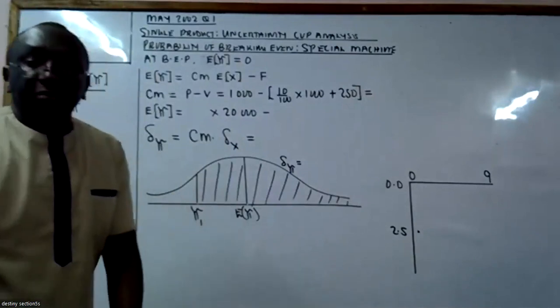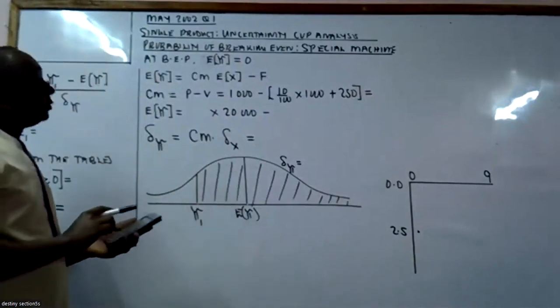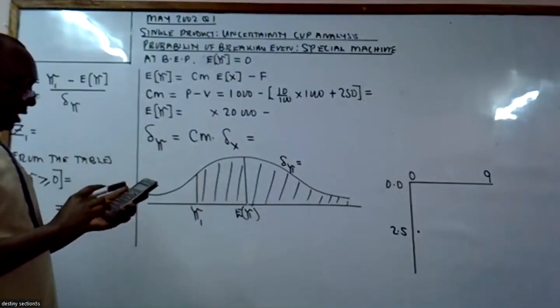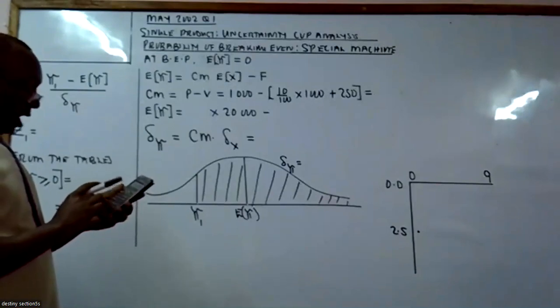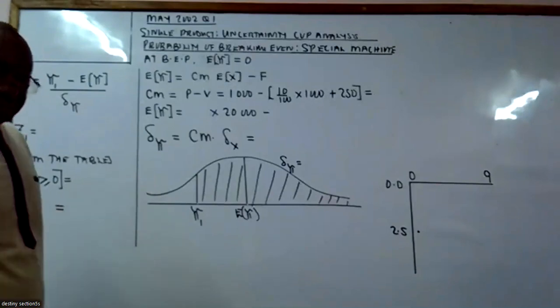So that will give me 1,000 minus 0.1 of 1,000 minus 250, which is 650.